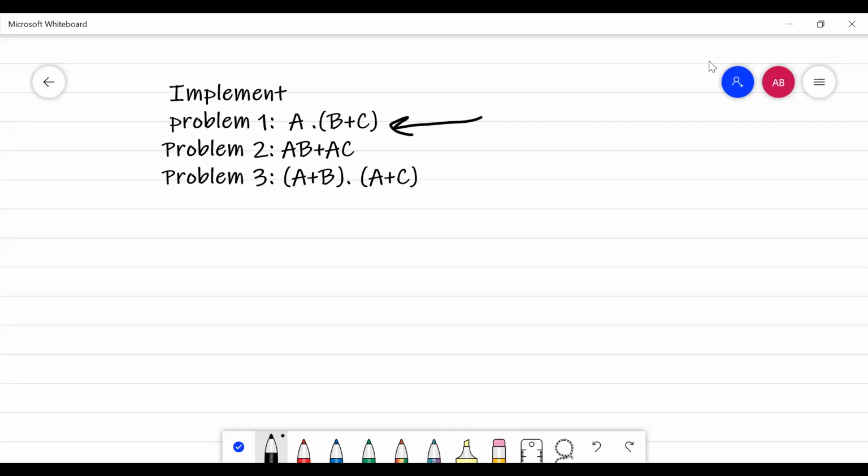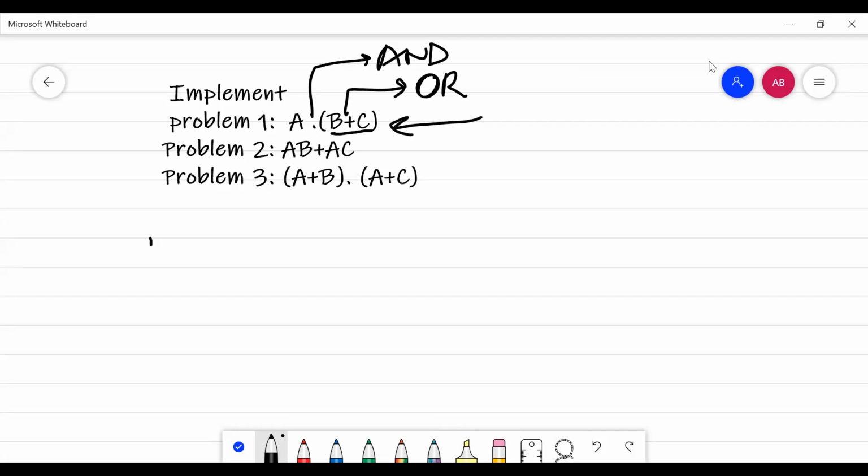Firstly, we come to problem 1, and that is A dot (B plus C). As I already discussed, this plus sign indicates that we have an OR gate, and this dot sign indicates that we require an AND gate. Because B plus C is in brackets, we have to solve it first.